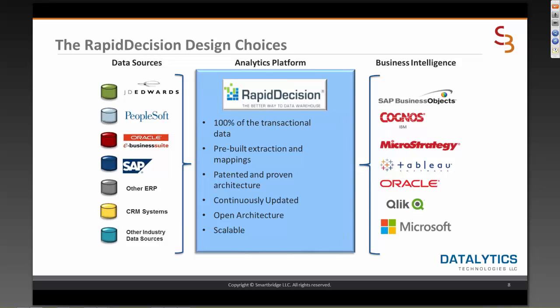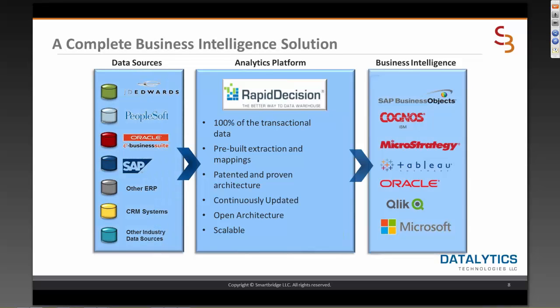Continuously updating the data, moving the data in near real time so that the users aren't waiting until tomorrow to get the effect on something that's been entered in the system today. It's an open architected solution, meaning as your business needs grow, I can add more information in, I can add more data, and it's obviously scalable. So having this analytics platform, the RapidDecision solution, gives you the flexibility of being able to provide self-service BI independent of the BI tool that you choose for your user community.